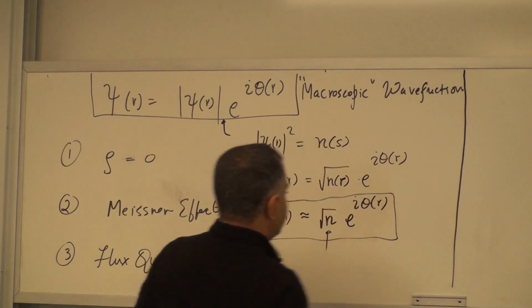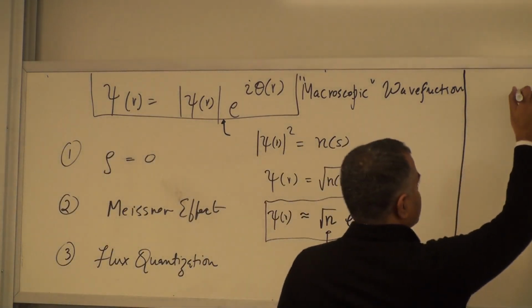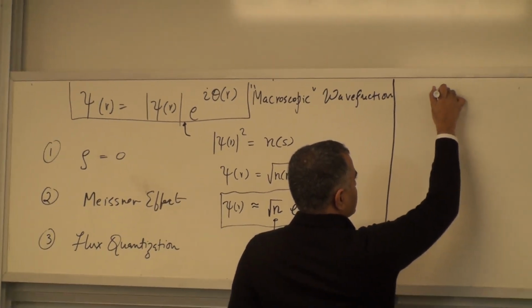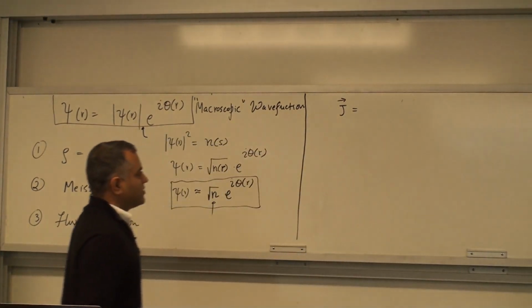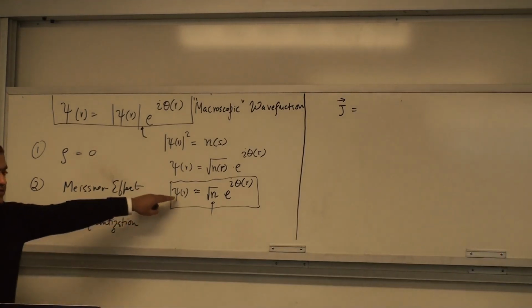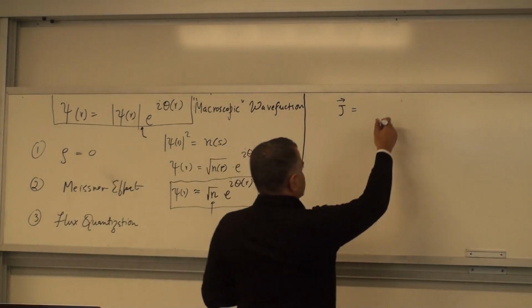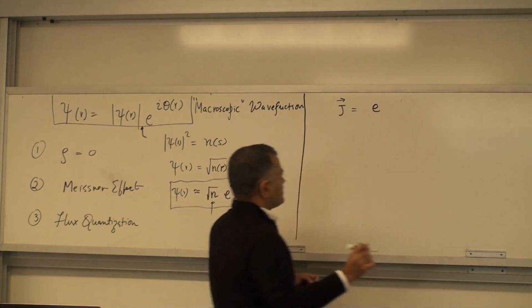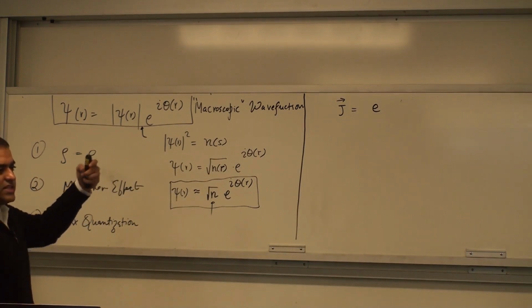So the idea here was that we have also seen in all our analysis earlier that for any quantum mechanical situation, be it one particle or many particle, the total current is given from the wave function. So I'm going to write e here, but just to be clear, I should write e star because we'll see later it's a Cooper pair.